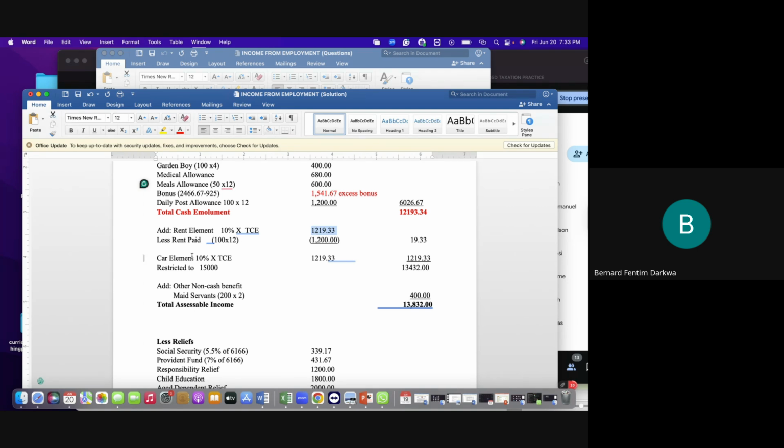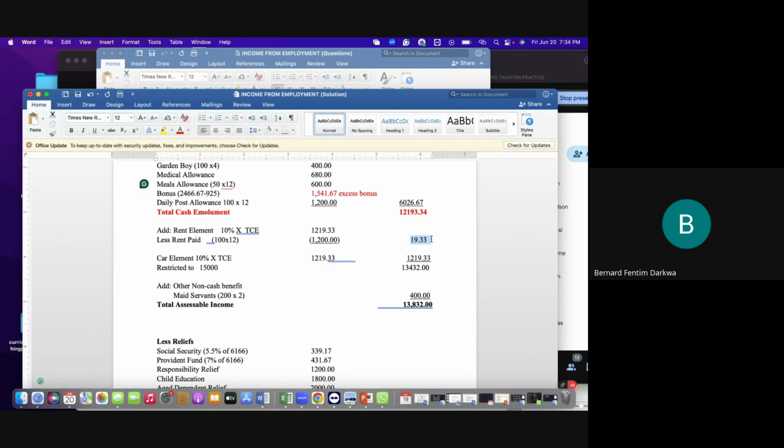But if the person has been paying some in advance or at source, then calculate the amount that he has been paying. So he has been paying 100 per month, so we put 100 by 12. By the end of the year, he has paid 1,200. So out of the 1,219, he has already paid 1,200. You subtract it, and the net is 19. This is what we are adding to the TCE.